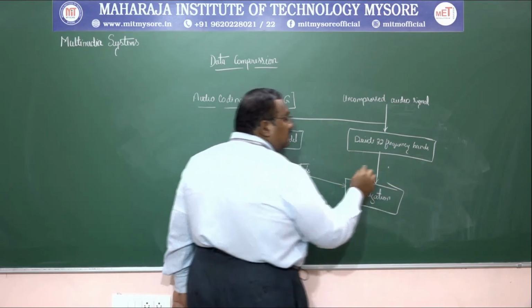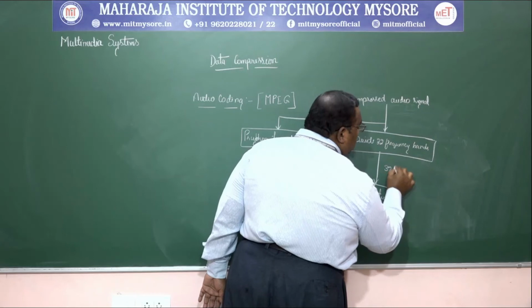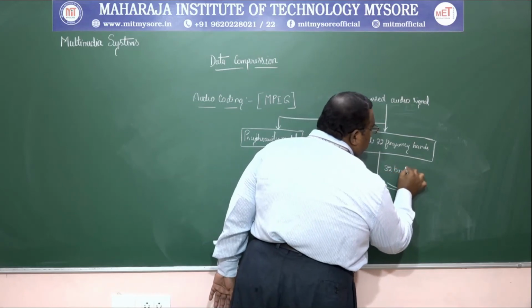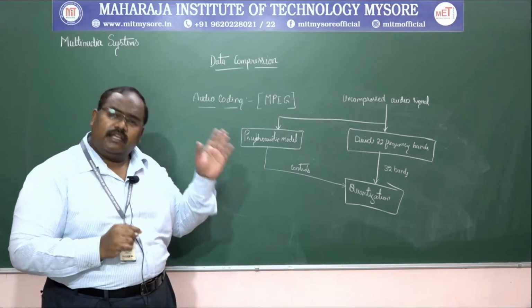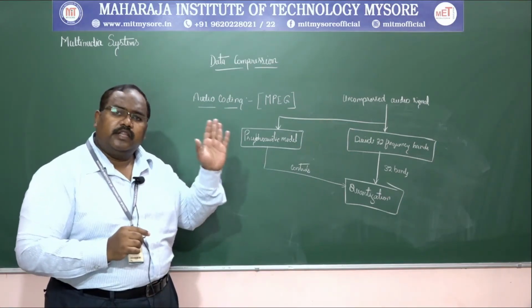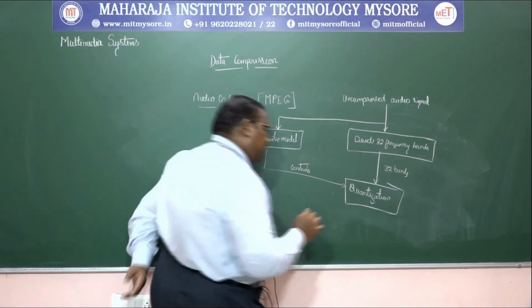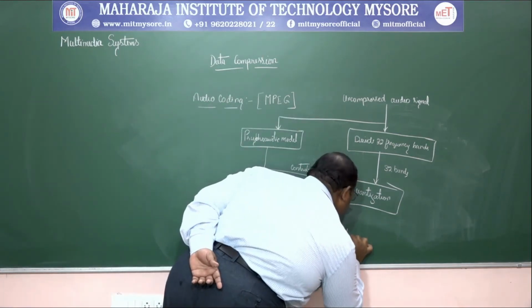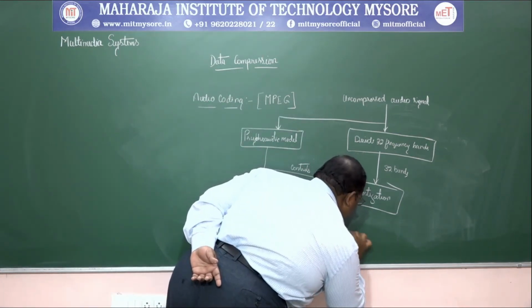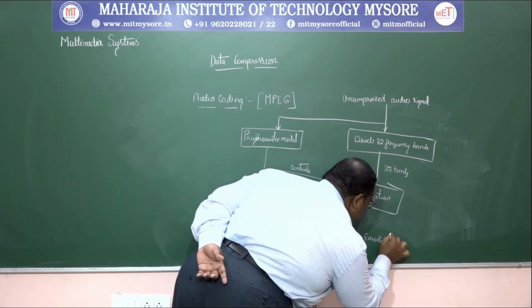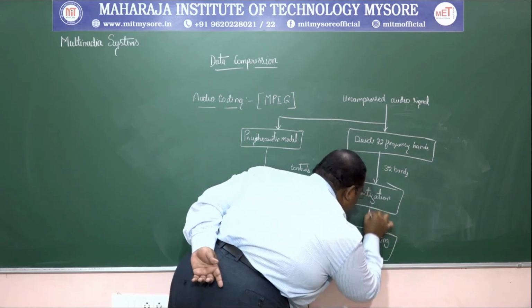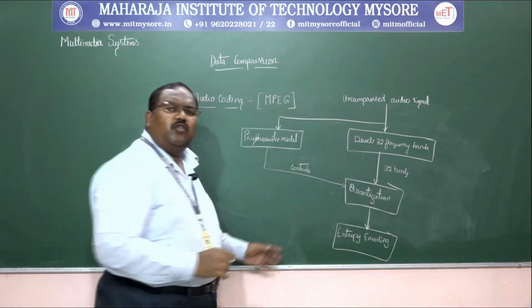So what comes here? The 32 bands. Finally, if needed, we apply the entropy encoding. So what is the output?